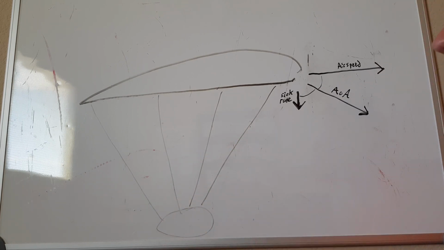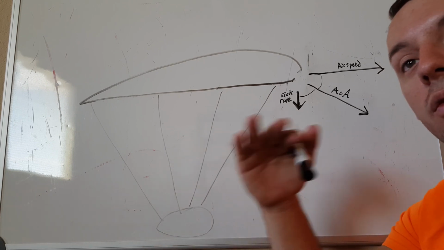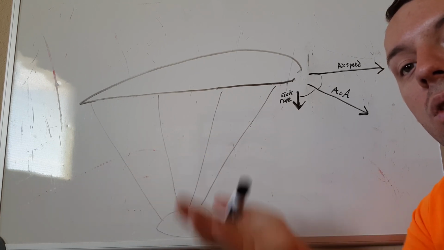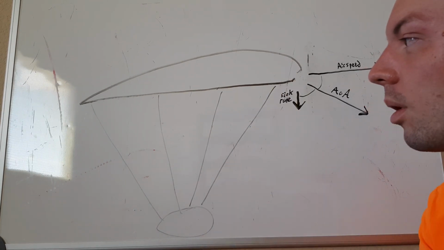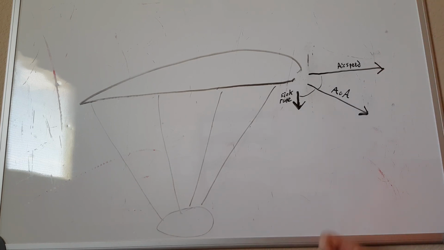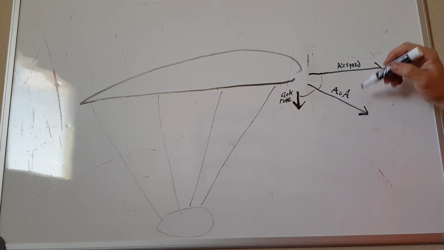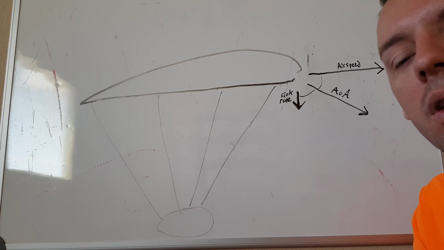But we know that airflow doesn't just flow horizontally, there's also lift and sink. So what happens to our paraglider when we fly through lift? Well, now our sink rate is changing and our angle of attack is changing because of the relative wind airflow.